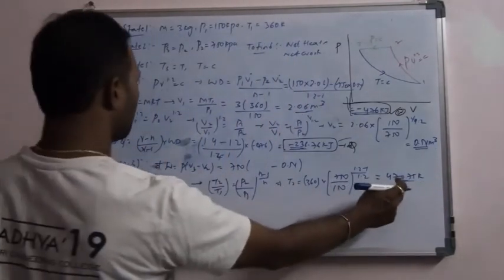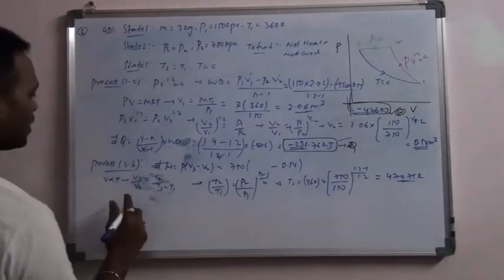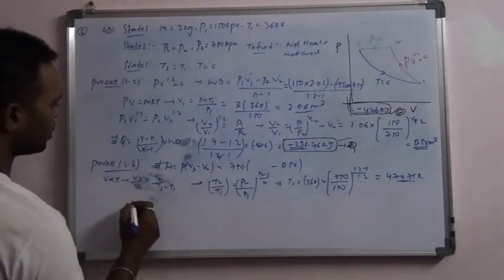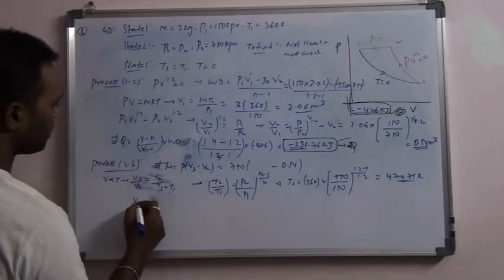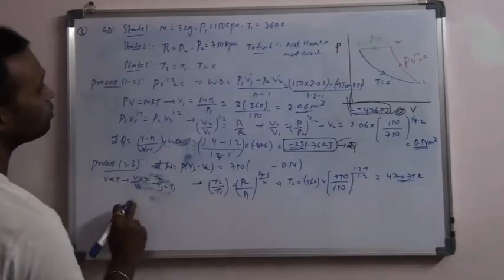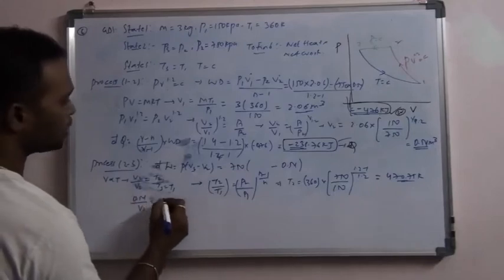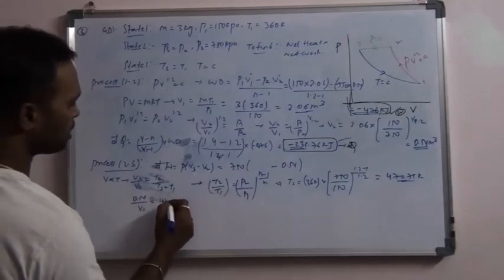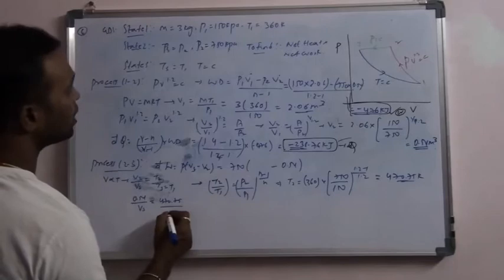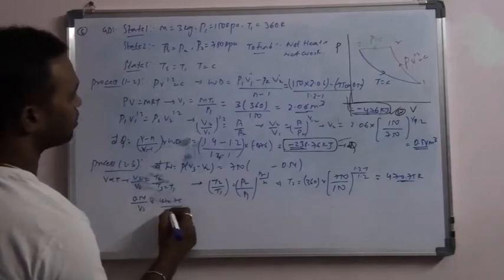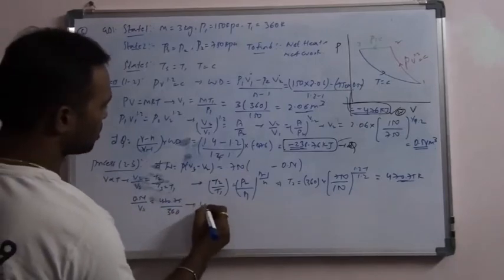Substituting: 0.54 by V3 is equal to 470.75 by 360. So V3 is known.